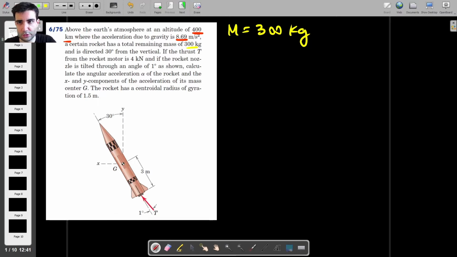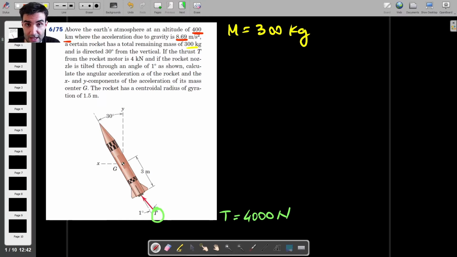In addition to that, we're given the thrust, and the thrust is given as 4 kilonewtons, so I'm going to convert that into newtons. And then the nozzle of the rocket is tilted at a 1 degree angle with respect to the heading of the rocket. Okay. And what we're asked to find are actually three things.